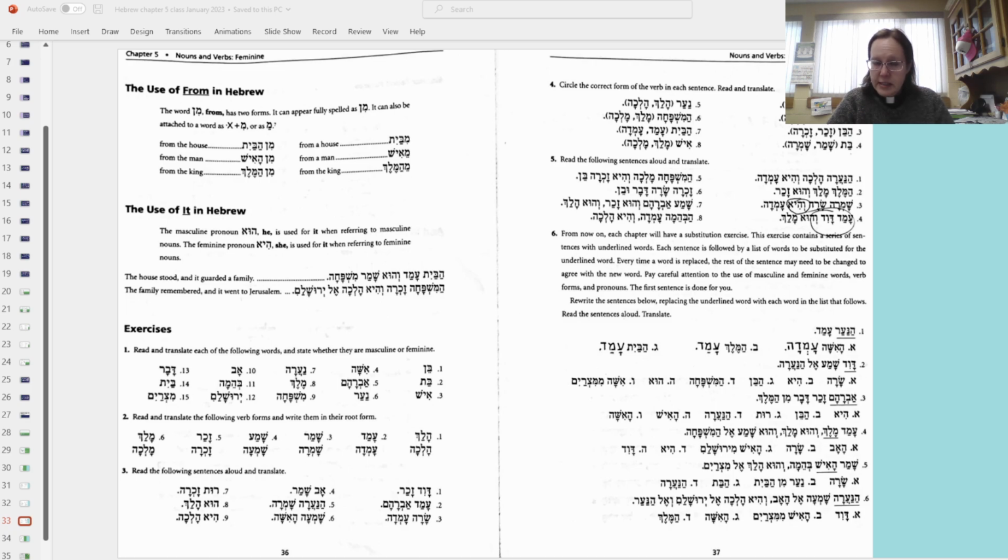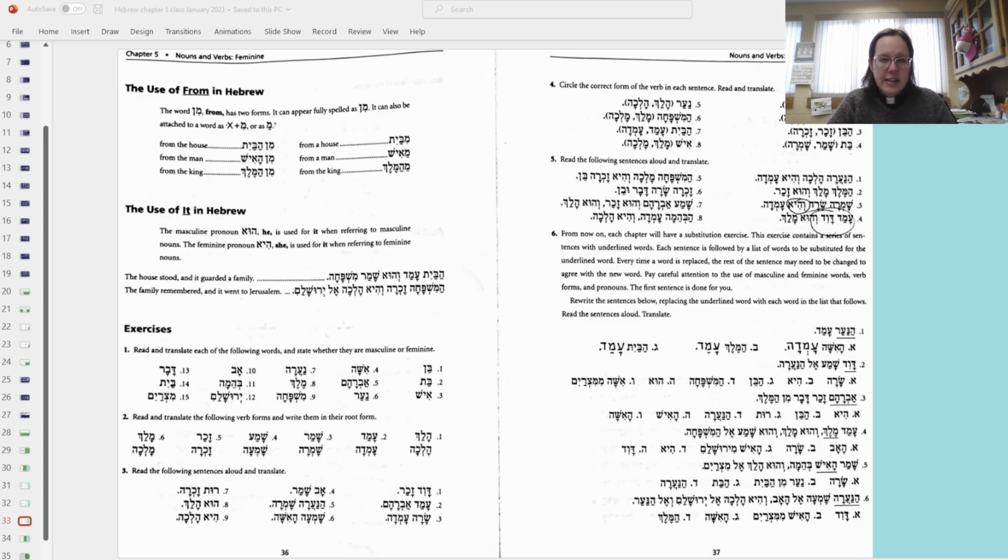I hope you said masculine. Number 2 is bat. It has a tav at the end. It's feminine. Number 3 is ish. You may even remember this word from a couple of readings. Ish means man, so it's masculine. Number 4, isha.